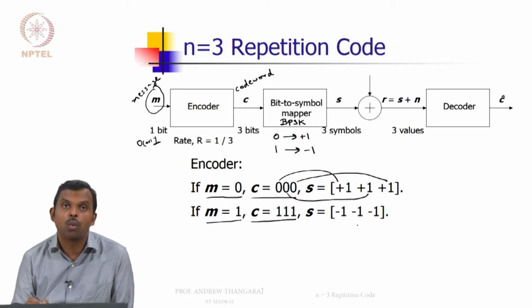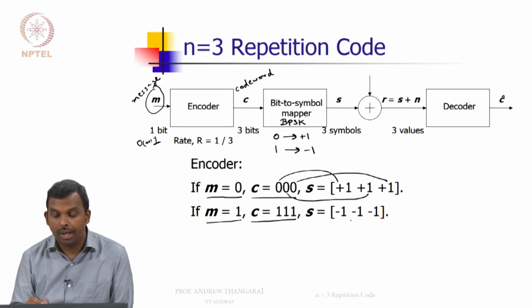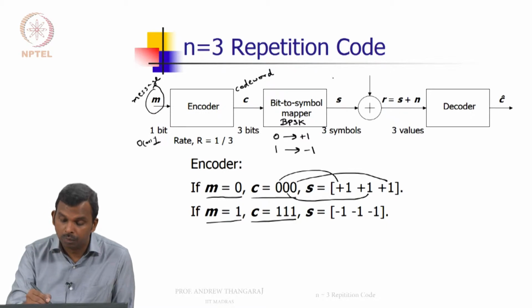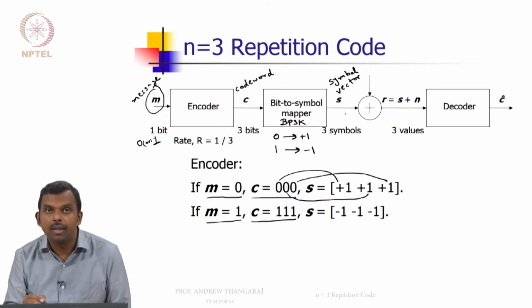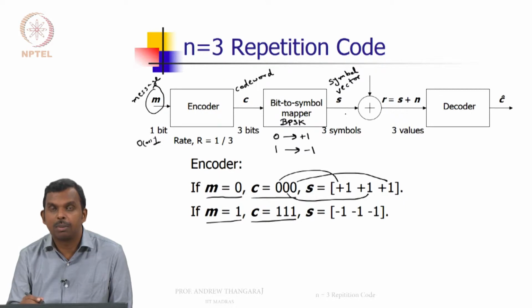Likewise for 1, 1 goes to -1. So the symbol vector here is a vector of length 3. This vector could be +1 +1 +1 or -1 -1 -1.